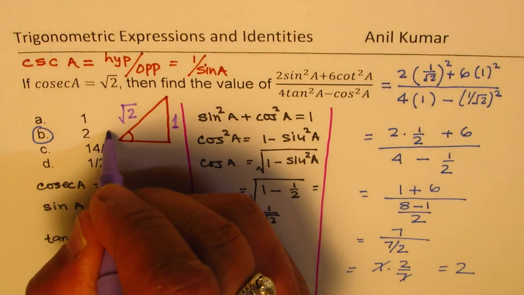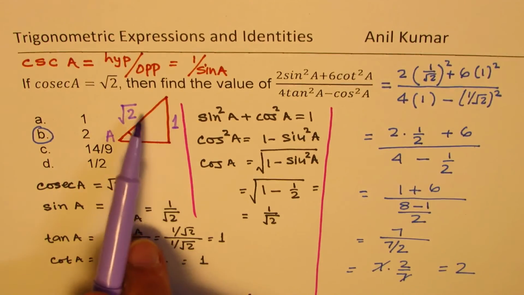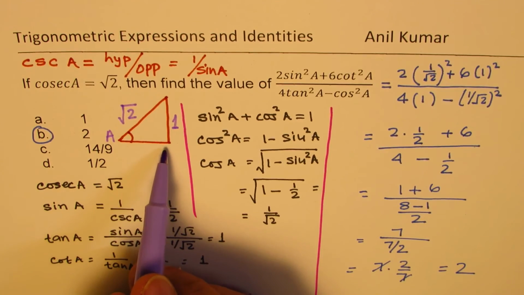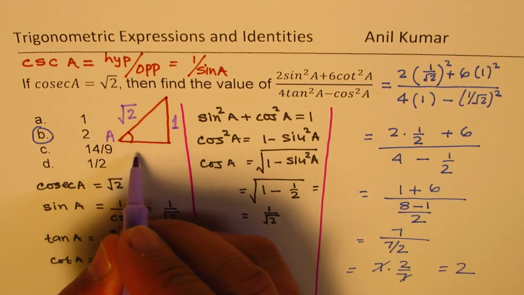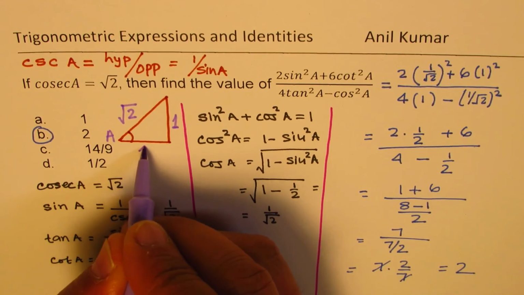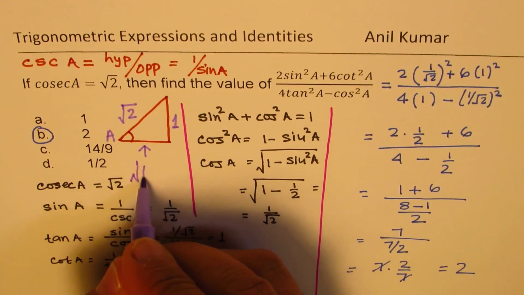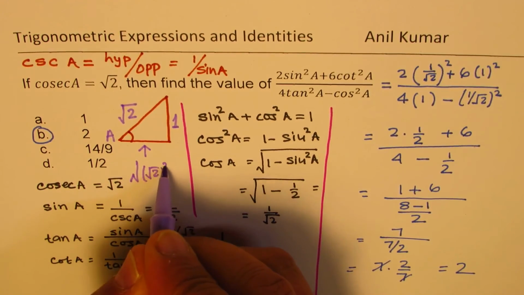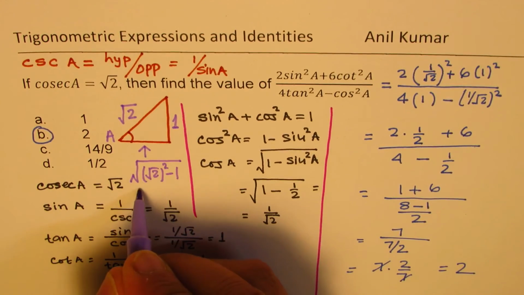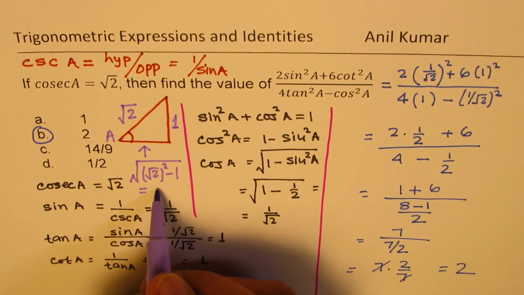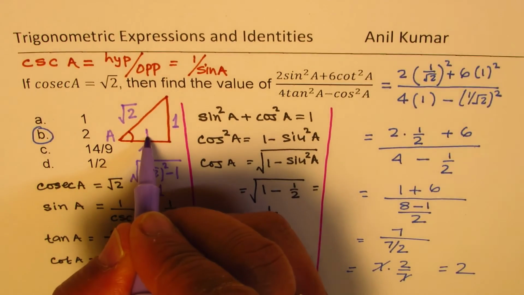Now for the angle A, if you look into this triangle, you can always find the other side as the square root of the square of this minus the square of this, right? So this side will be equal to how much? That side will be square root of square root 2 squared minus 1, so that gives you the value as 1, correct? So this side is also 1.